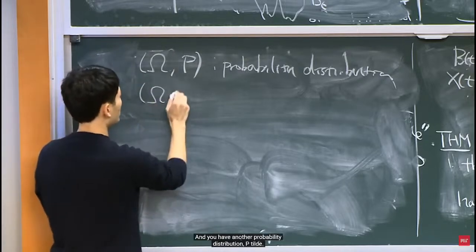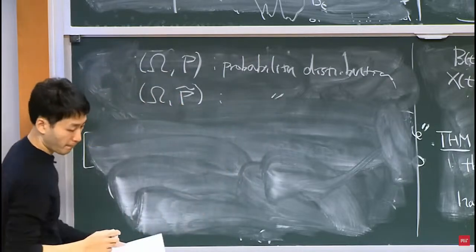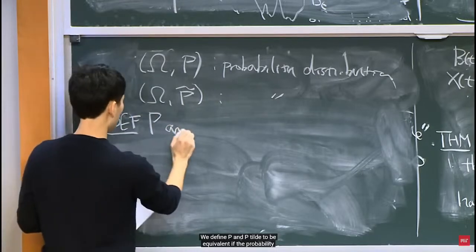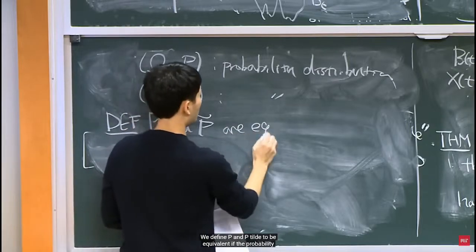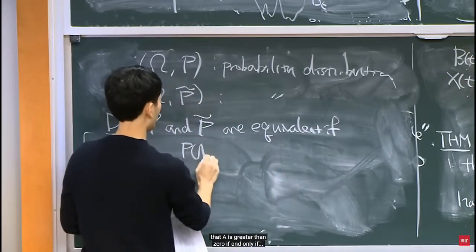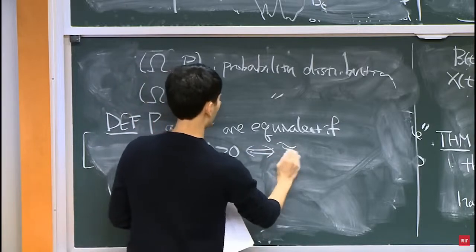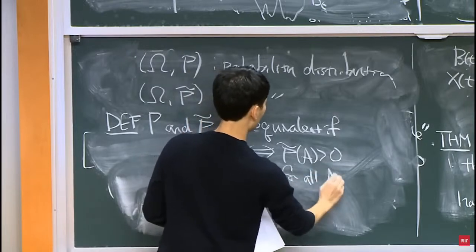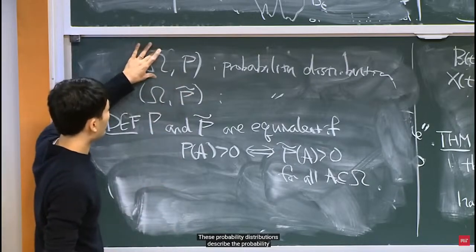And you have another probability distribution, P tilde. So we define P and P tilde to be equivalent if the probability P of A is greater than 0 if and only if P tilde of A is greater than 0, for all A. These probability distributions describe the probability of subsets.